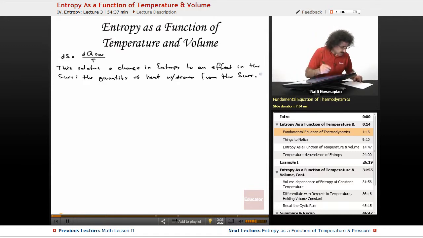Now, can we use this equation and the equations we have so far from our previous work? This is the question.